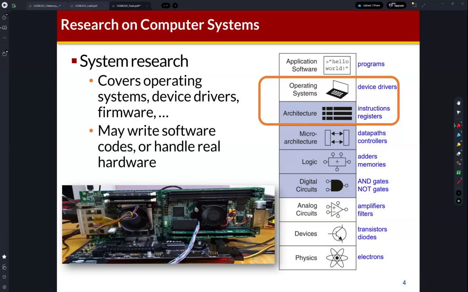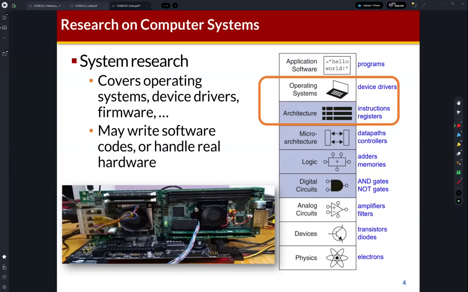In this course we are focusing on the hardware of our computer system and the software-hardware interface, right? Then how can we implement our idea? Think about the processor design.